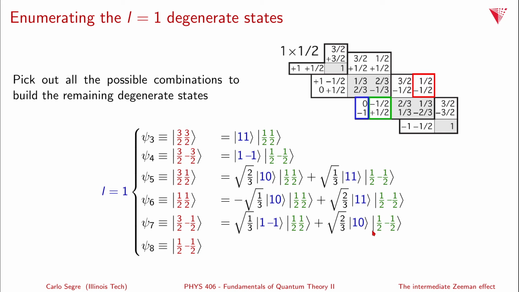And finally, psi 8 is the 1/2 minus 1/2 that has the same two states combined in the m sub s, m sub l basis, but with different coefficients. So we have minus the square root of 2/3, 1 minus 1, 1/2 1/2, plus the square root of 1/3, 1 0, 1/2 minus 1/2. Now I've listed these in a very specific way, as you'll see in a minute when we go through the whole block.